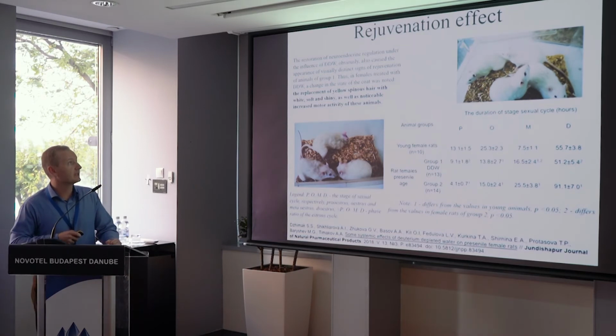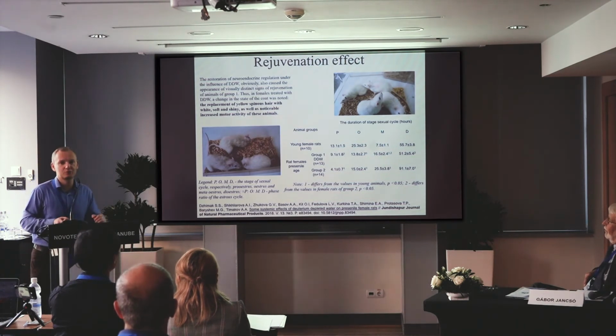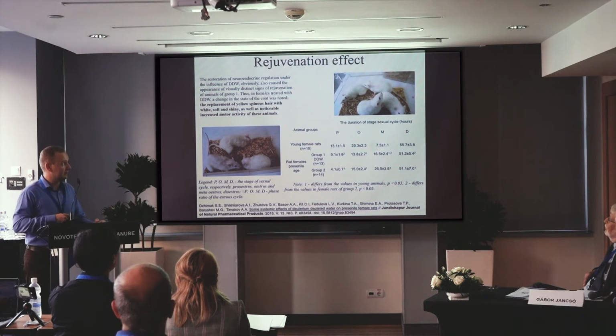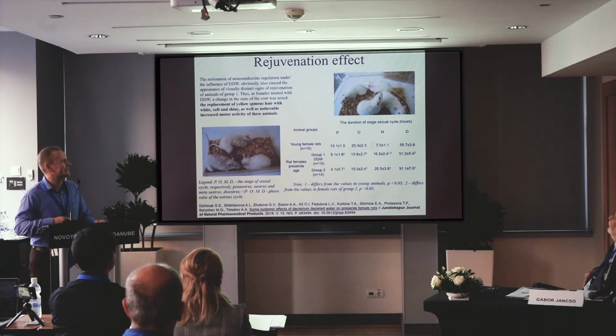So we can see the replacement of yellow spinous hair with white, soft and shiny, as well as an increase of motor activity of these rats. Yes, these were lazy and they didn't want to move and so on. But these were active, and after I think it was 28 days drinking the DDW.